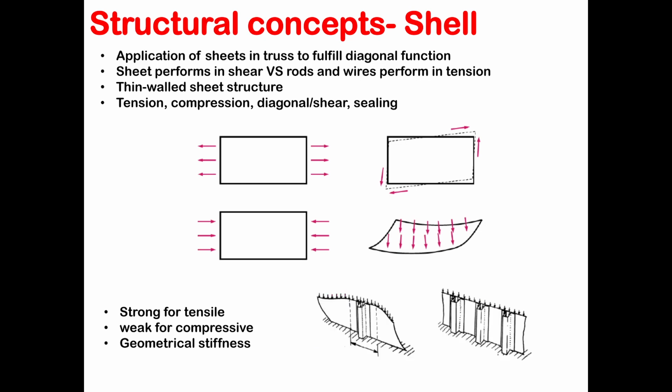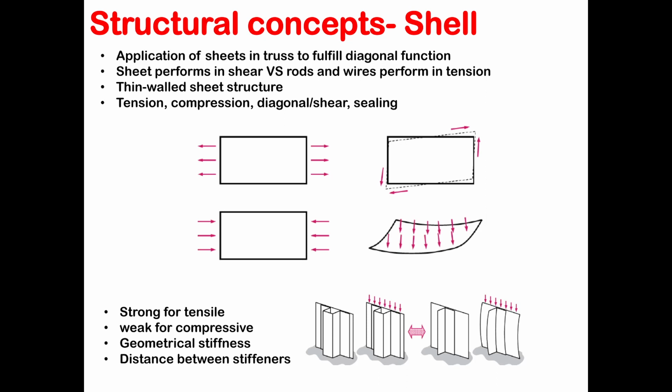Another example of hat stiffeners. The distance between these hat stiffeners can actually increase or decrease the stiffness of your geometry and the load it can carry. Keep in mind we have different types of stiffeners.